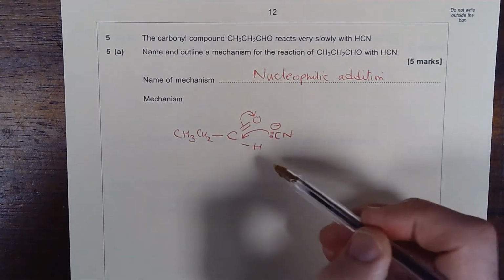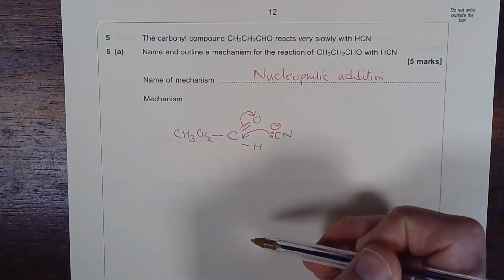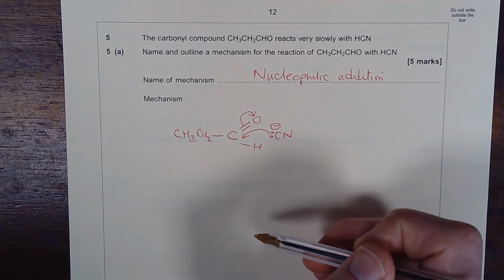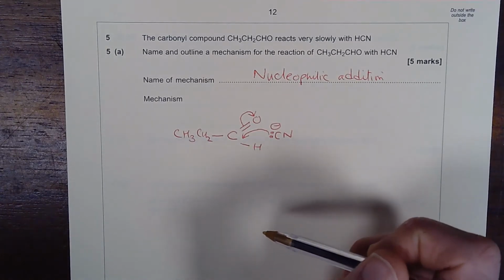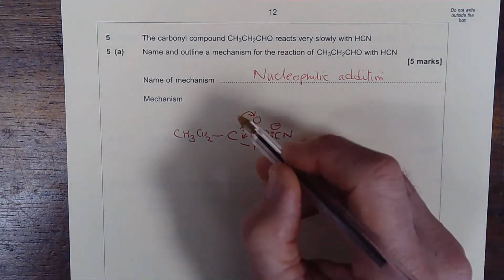So there are already marks that will be allocated for each of those steps. So the attack by the cyanide ion and the movement of the electrons to the oxygen has already got a mark apiece for those.